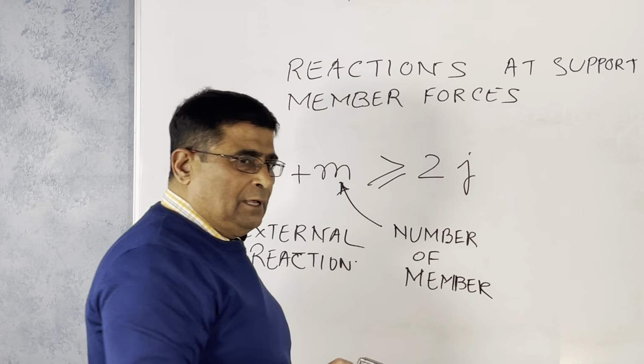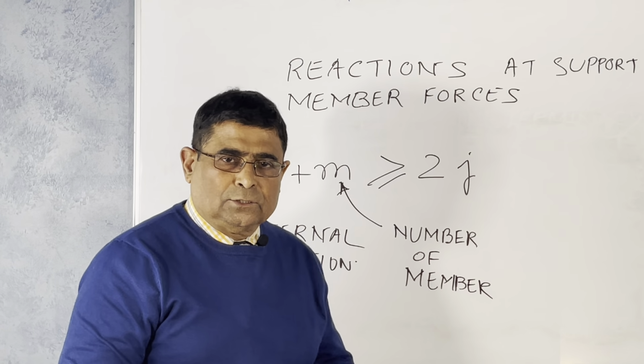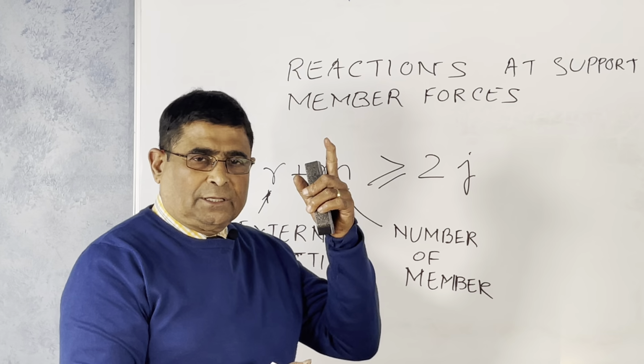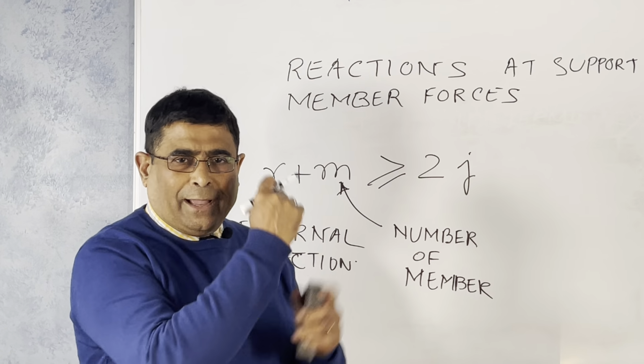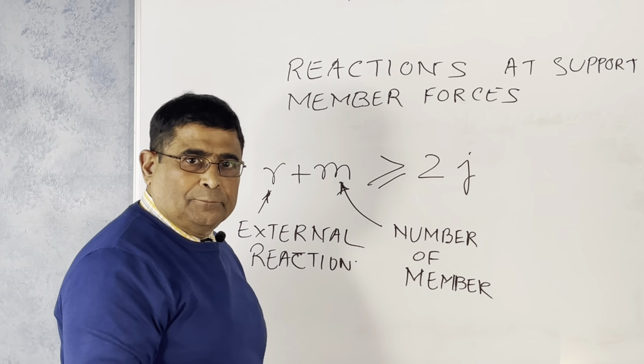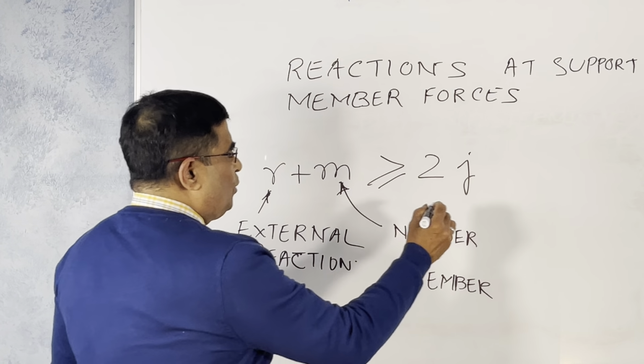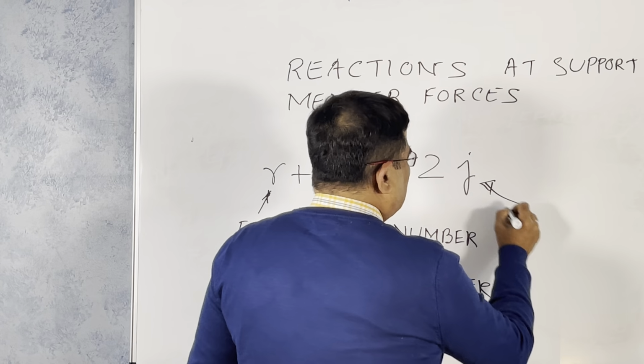In a truss there is no moment, so you have only two forces, vertical and horizontal, along the x and y axes. So the condition becomes 2J, where J is the number of joints.